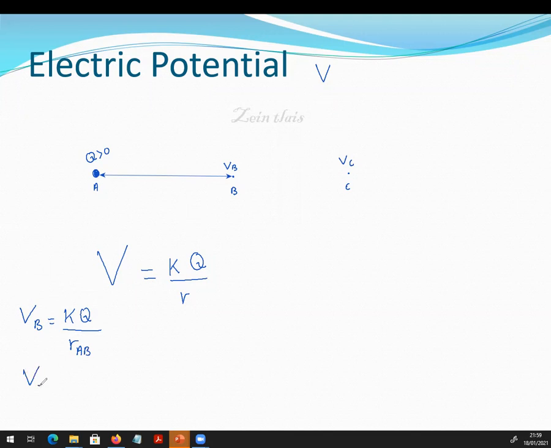In the case of C, K Q divided by AC. Okay?